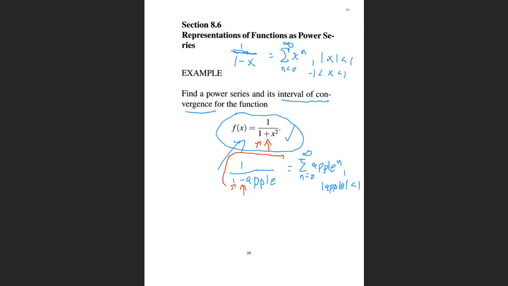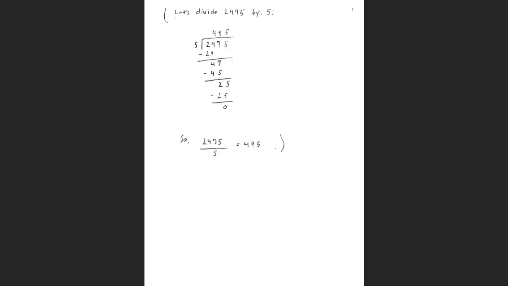Okay, so let me just go forward here a little bit. Here we go. So our function is 1 over 1 plus x squared.